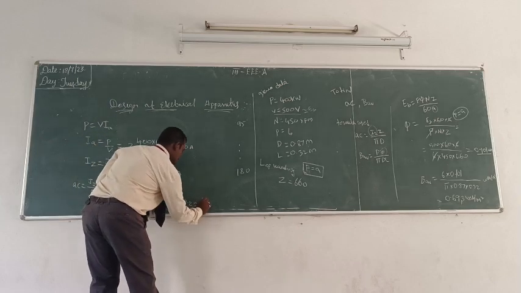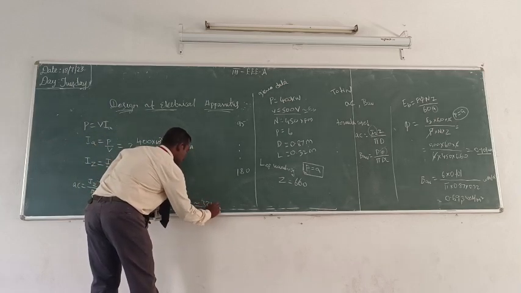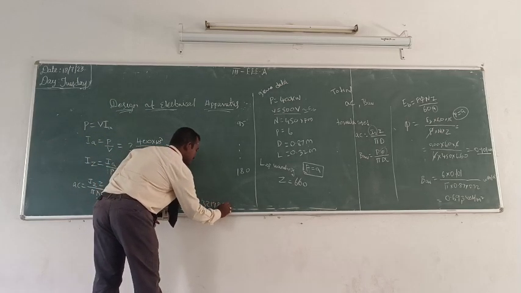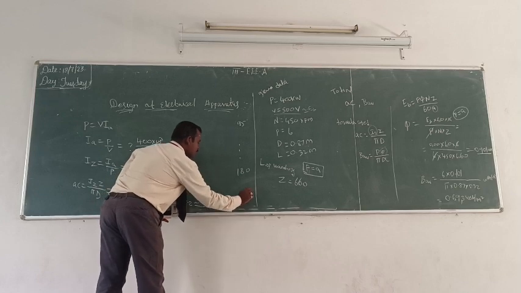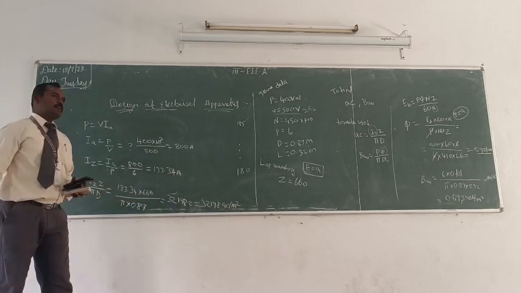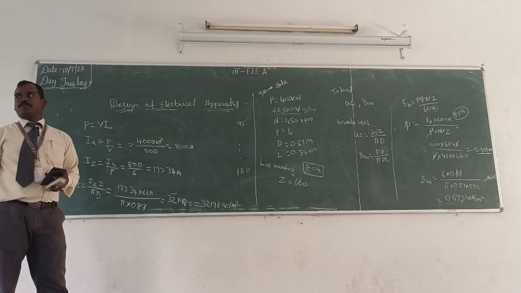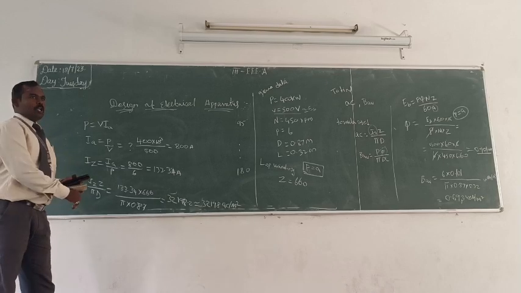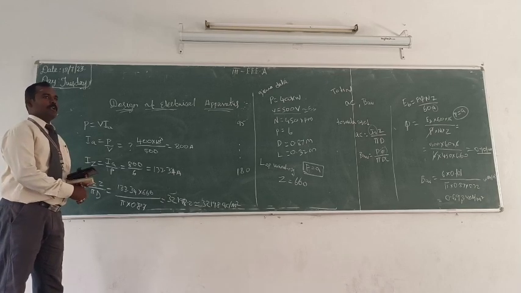So 32,198 ampere conductor per meter square. That is the total number of conductors, total loading. That is the specific electrical loading, right?